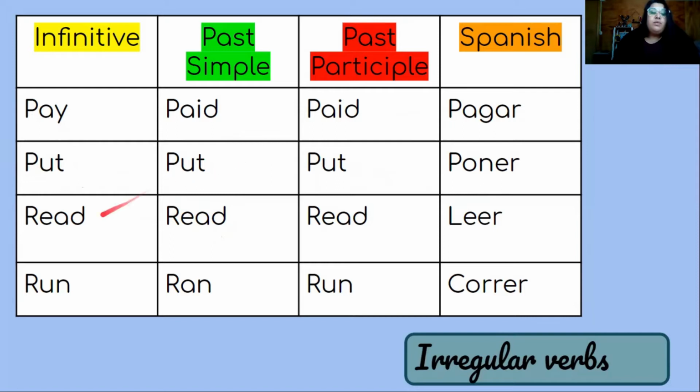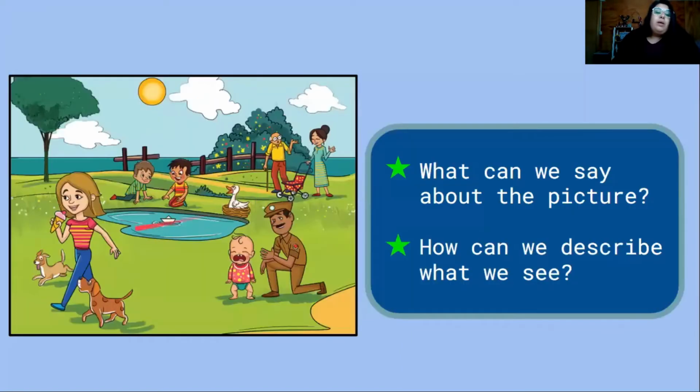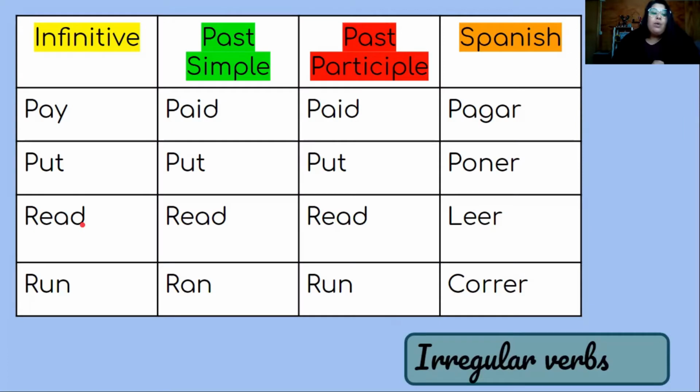Then we have the verb read, then read, and it means leer. So you have to be very careful with this verb, ya tienen que ser bien precavidos, bien específicos y bien cuidadosos con este verbo, ¿ya? ¿Por qué? Porque se escribe igual, en las 3 formas se escribe igual. Read, ¿cierto?